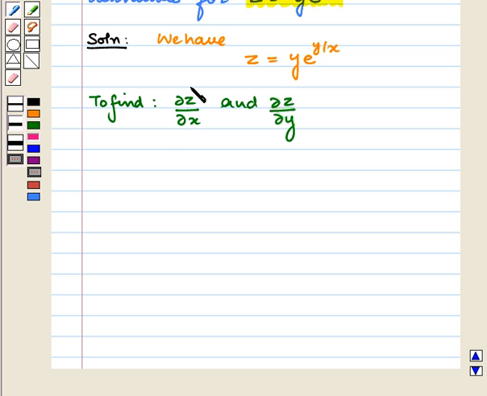To find del z by del x, we have to differentiate partially the given function with respect to x, treating y as constant.